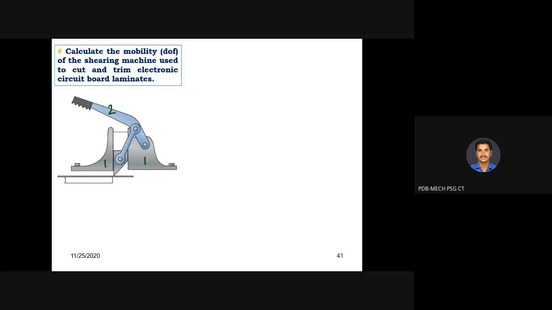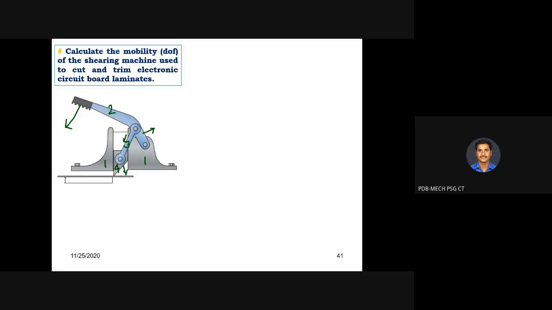This entire portion is link 2. Then this particular portion is called link 3, and this particular slider is going to be link 4. When you apply force along this handle, this portion is going to lift, so your link 3 is going to move downwards, so that your slider is also going to move downwards.